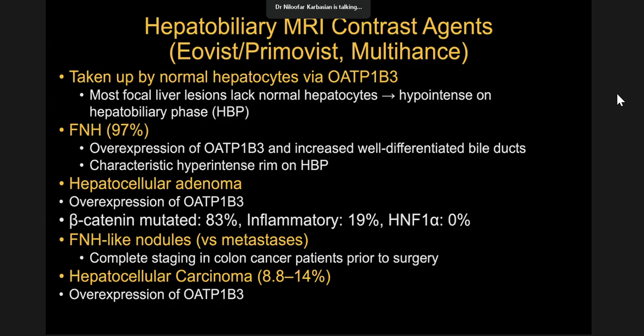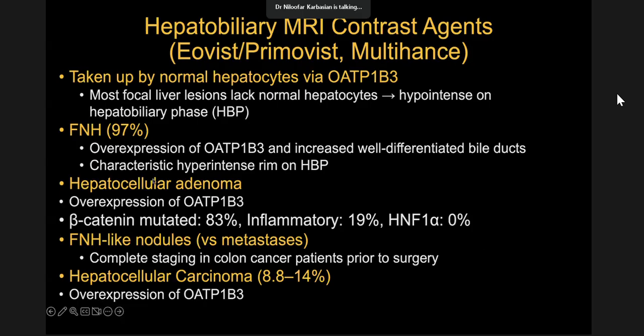Inflammatory adenomas, which also carry a small risk of malignant transformation, also 19% of them can retain contrast. The other version of adenoma, which is usually a homogeneously fat-containing lesion, the HNF1-alpha mutant, usually does not retain contrast, and is not high risk for malignancy either.